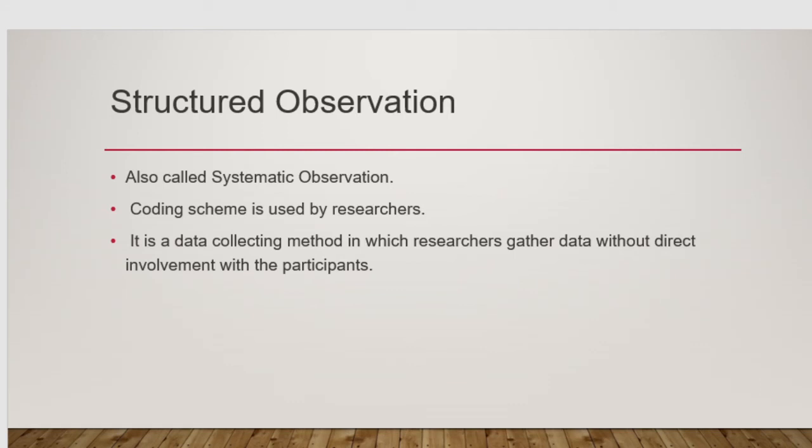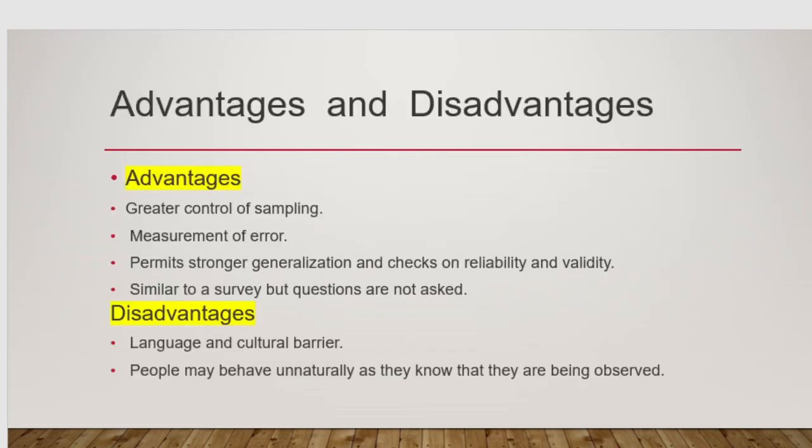So structured observation, also called systematic observation, where a coding scheme is used by researchers. It is a data collecting method in which researchers gather data without direct involvement with the participants. So structured observation has some advantages and disadvantages too, like greater control of sampling and measure of error.